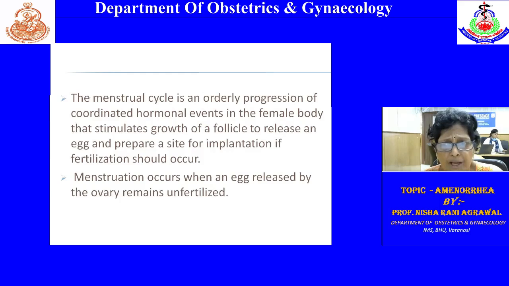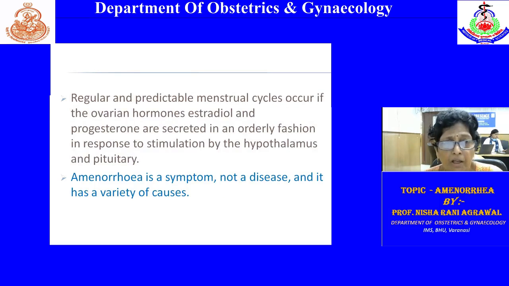Menstruation occurs when an egg released by the ovary remains unfertilized. If it becomes fertilized and implanted, then there will be pregnancy. Regular and predictable menstrual cycles occur if the ovarian hormones estradiol and progesterone are secreted in an orderly fashion in response to stimulation by hypothalamus and pituitary.